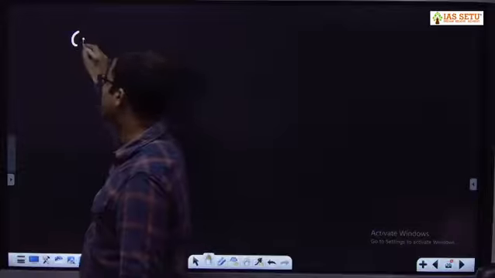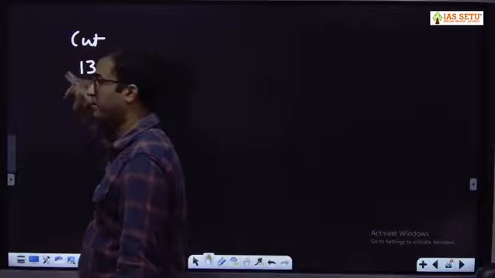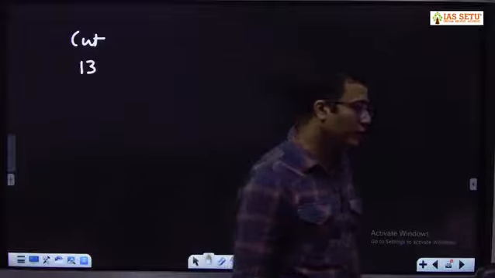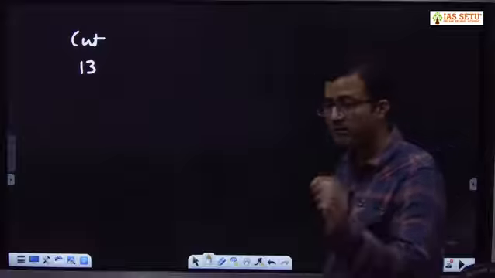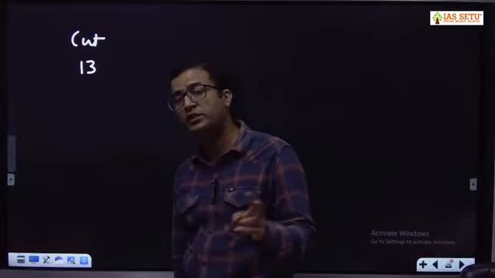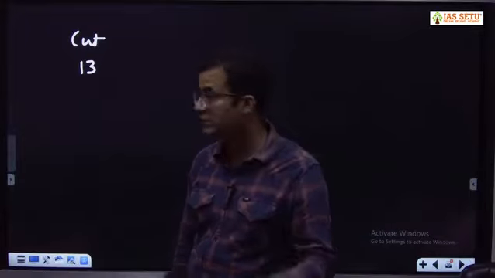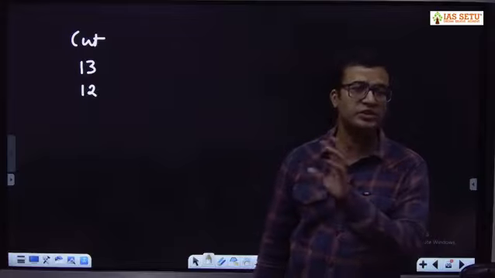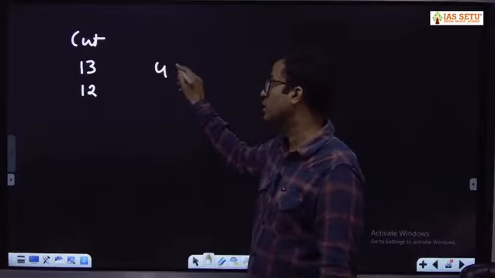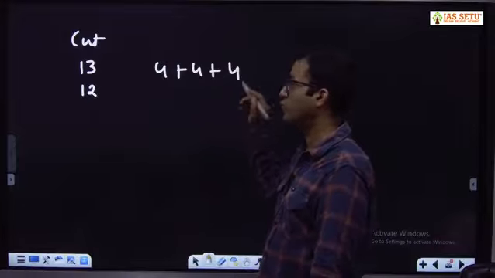Wait, I take 2-3 more examples. Number of cuts 13. If the examiner says number of cuts 13, what is the maximum number of pieces possible? Step number 1, tell me multiple of 3 near to 13, 12. Nearest multiple of 3 here is 12. So you make best distribution of 12 first. 4 plus 4 plus 4.